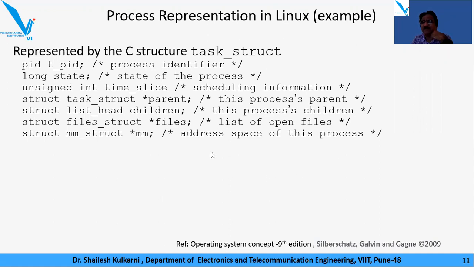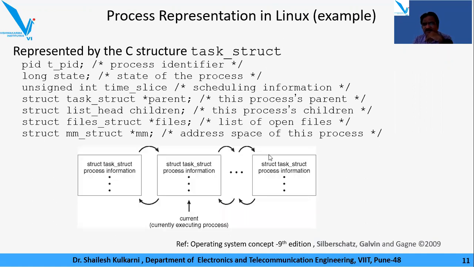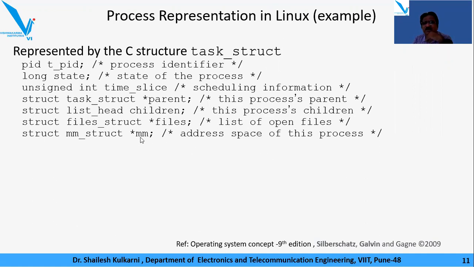This is an example of the PCB that is maintained in Linux. And when I say it's a pointer, it further points to a different data structure. So there happens to be a linked list. Sometimes this linked list may be singly linked, or sometimes doubly linked. It depends on what kind of scheduling the processor needs to have.